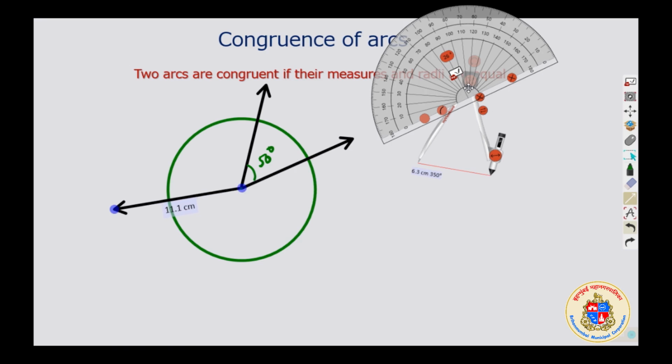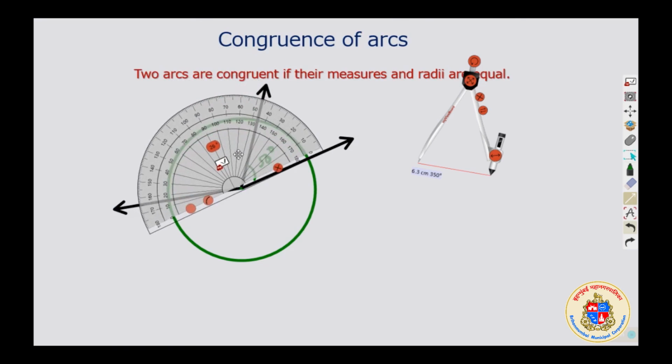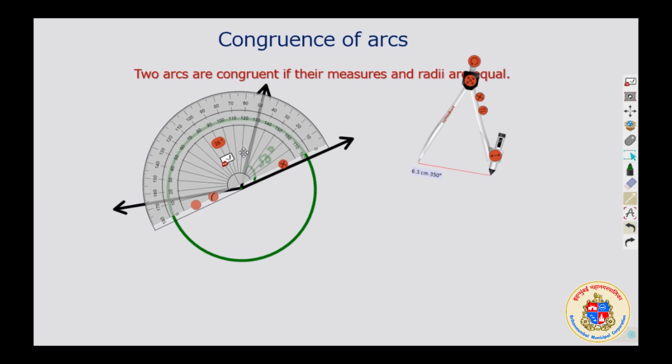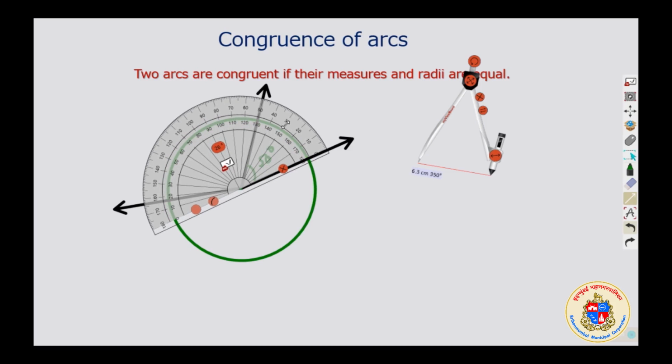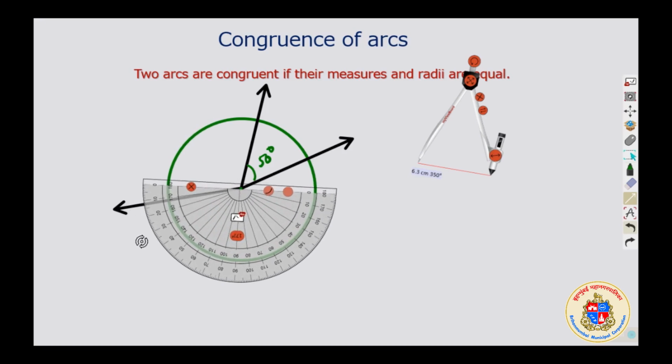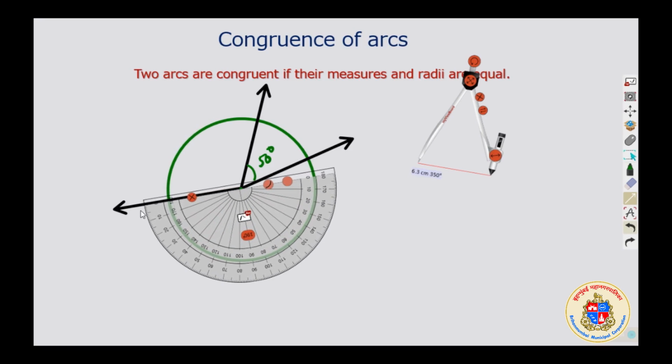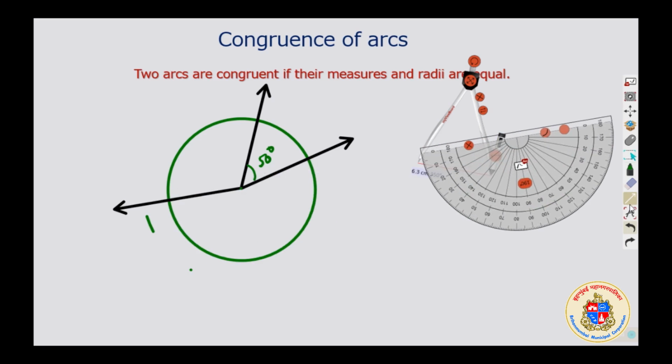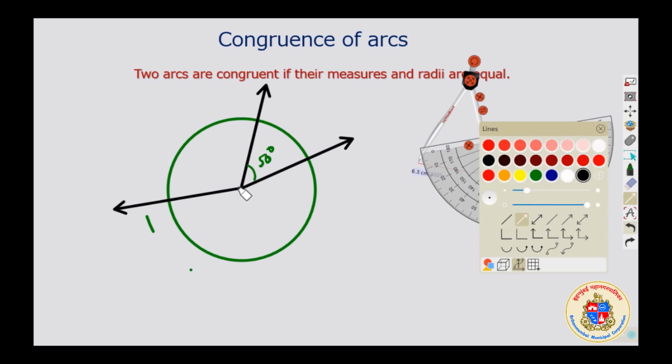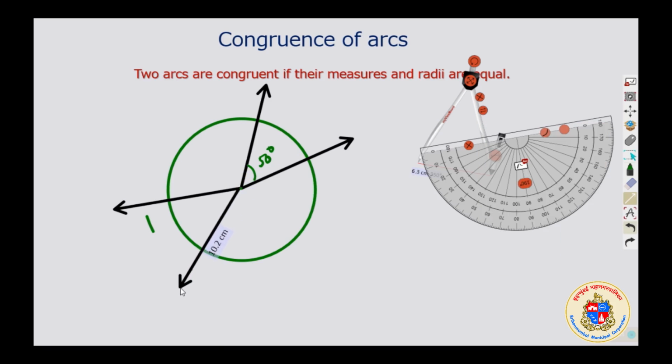One side I made, so in order to draw the second arm, I use the protractor and find 50 degree from this side. A 50 degree can be marked here. Remove the protractor, connect it. You are making the second central angle, and the measure of this is known to me now. It is 50 degree. So what is happening here?